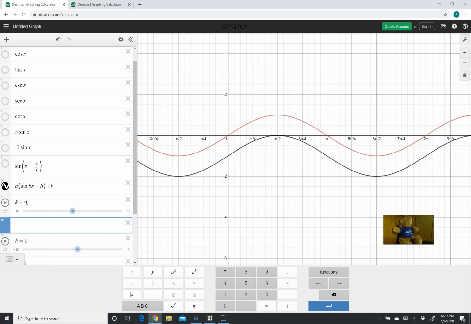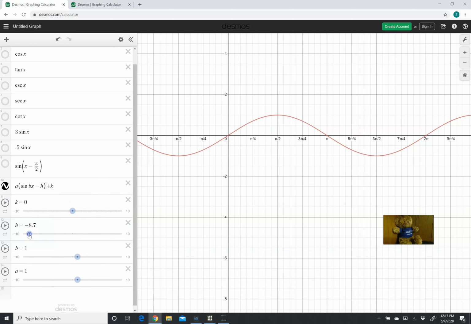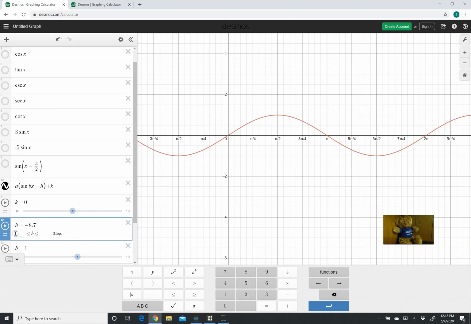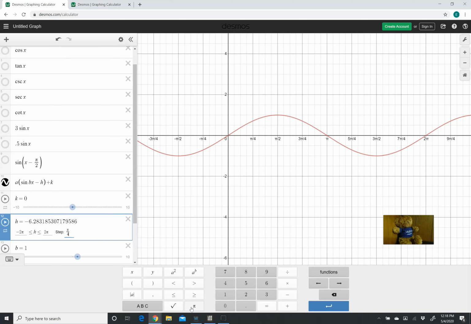Let's change our this one. Let's do this from -2 pi to 2 pi. And we'll make the step pi over 4.